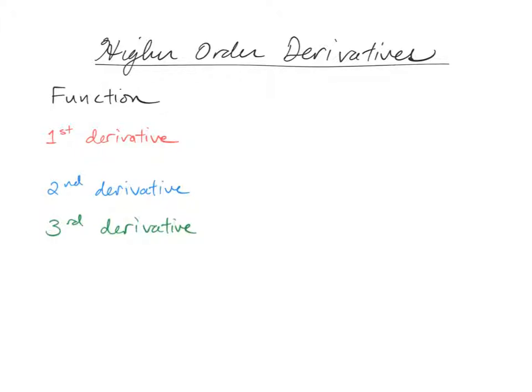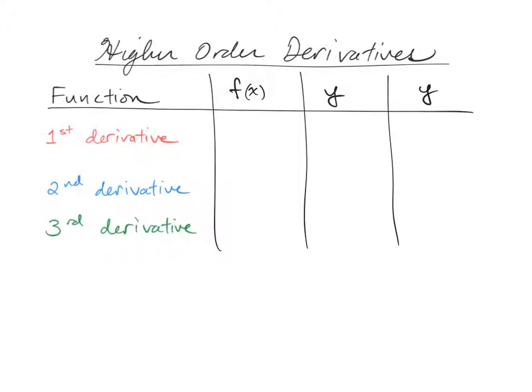So normally we have a function that is f of x, or whatever variable is being used, and y, and we can use a couple different notations here. So let me create 3 columns here. So f of x, we have y, and we have another y over here. So in the first row, I should say, this is what all of the functions look like.